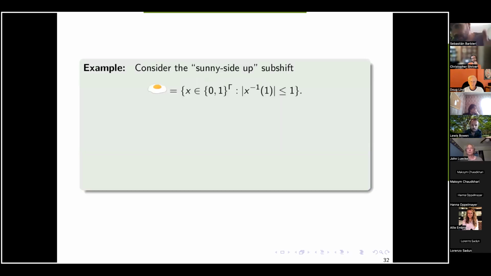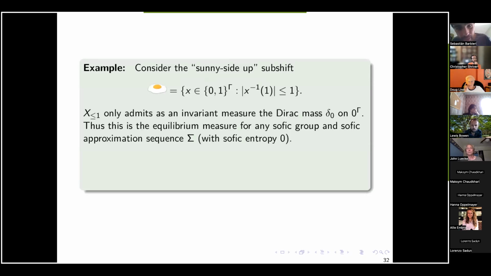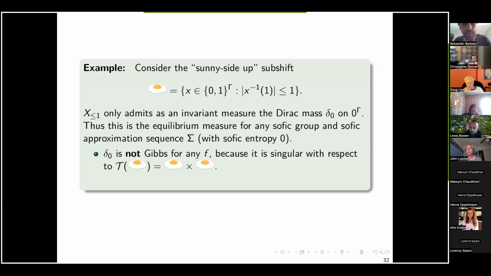So, again, the example of the sunny side up. This subshift contains a unique invariant measure, which is the delta mass on the uniform configuration. And so this is the equilibrium measure for any sofic group and every sofic approximation sequence. So it has sofic entropy 0. It's very boring. This measure is, of course, not Gibbs because it's going to be singular with respect to this asymptotic equivalence relation.